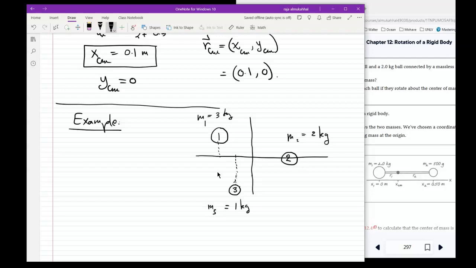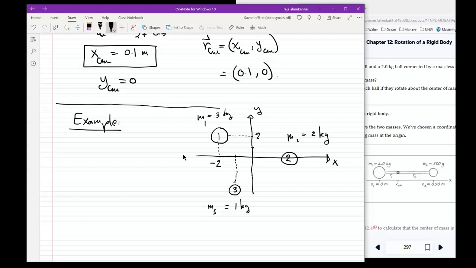Okay. And let's suppose that the location of M1 is -2 on the x-axis. This is the x-axis right here. That's the y-axis. And let's say 2 on the y-axis, okay?